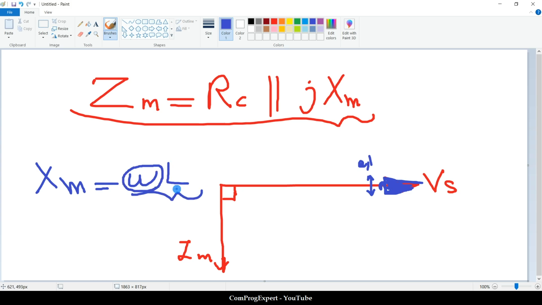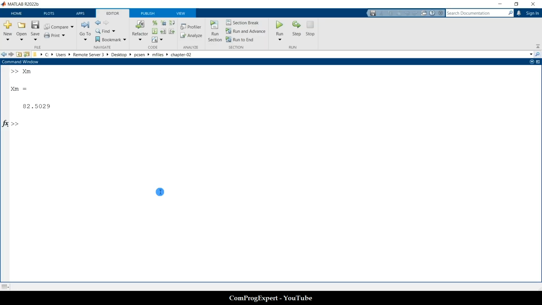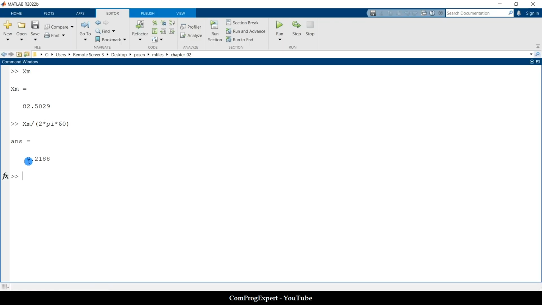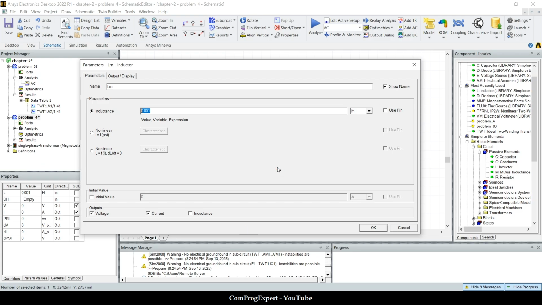We can calculate the value of the inductance: this divided by 2 times pi times f. The frequency was 60 hertz. This is 0.2188. The unit is Henry.